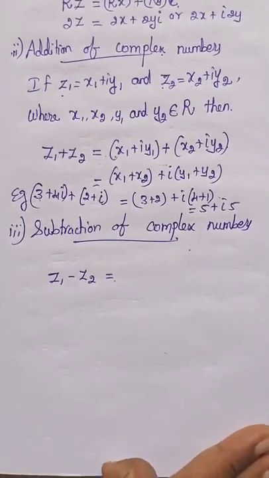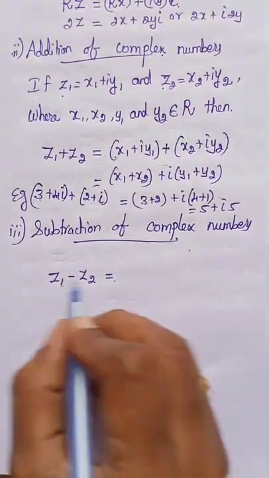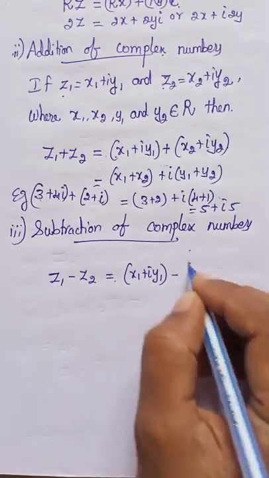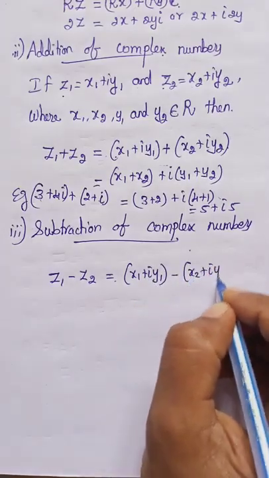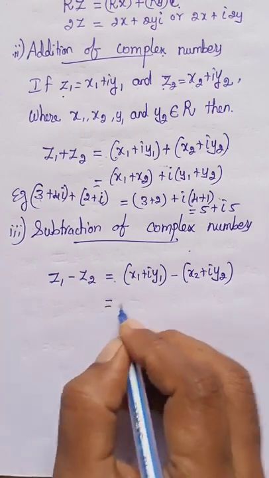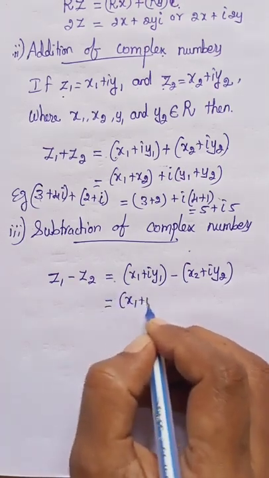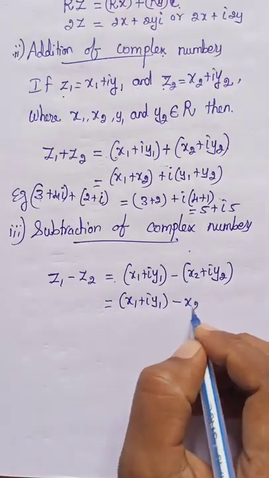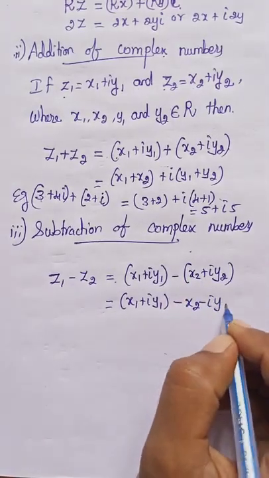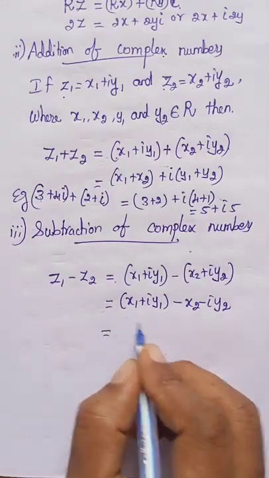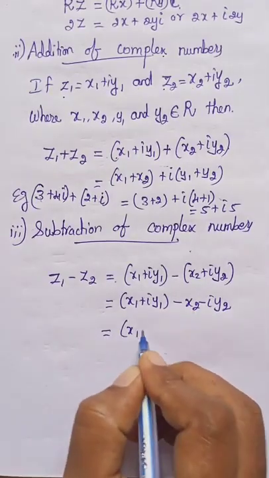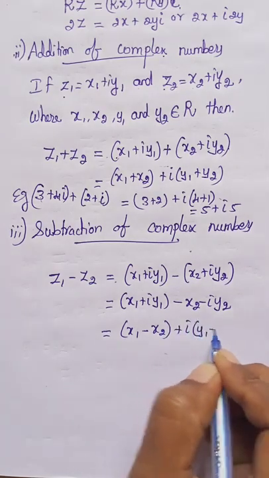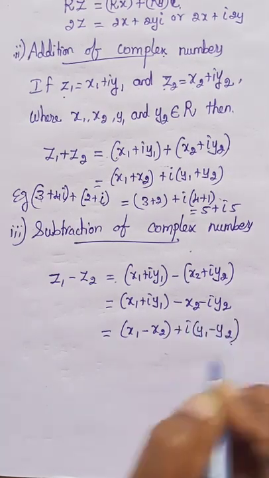Subtraction of complex numbers. In the same way, subtraction z1 minus z2 means x1 plus iy1 minus x2 plus i into y2. So x1 plus iy1, this minus if we give inside, minus x2 minus i y2. If we separate the real part, that is x1 minus x2 plus i into y1 minus y2.